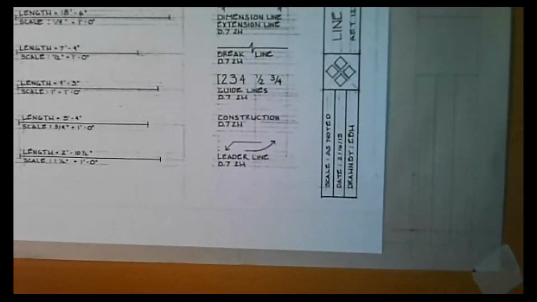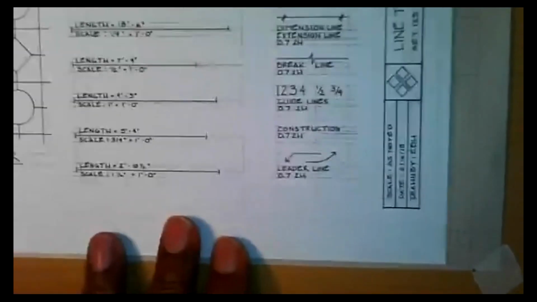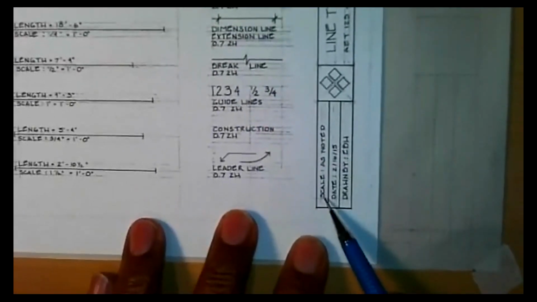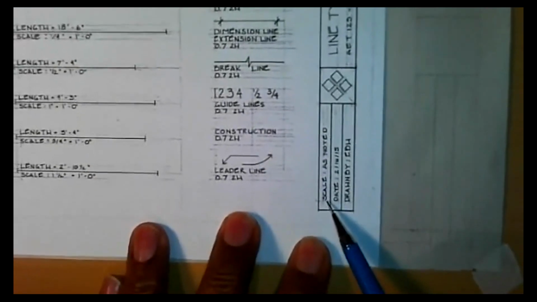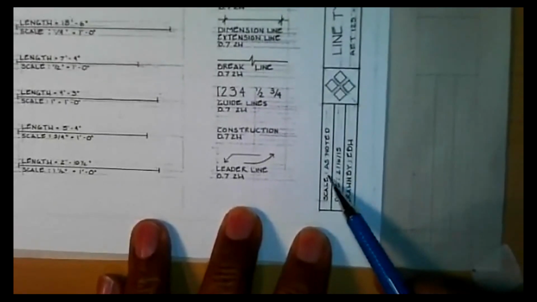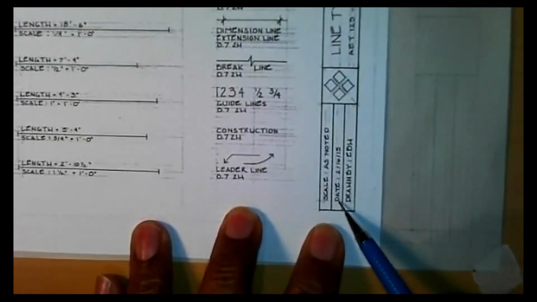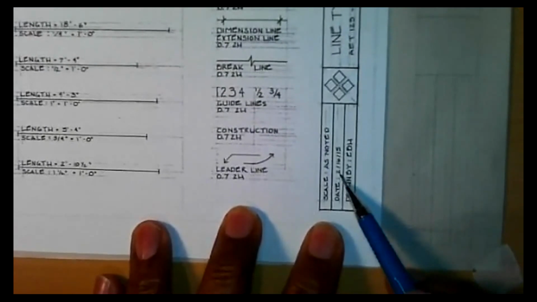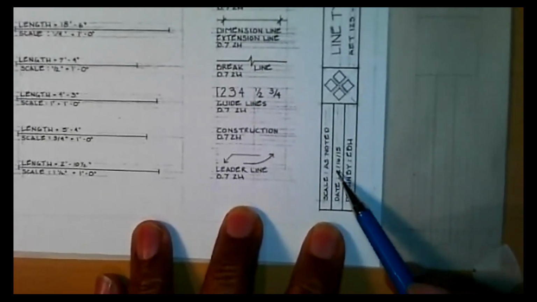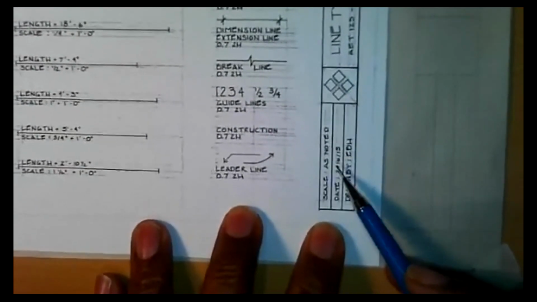Then, in terms of annotation, we're going to move to the title block. We're going to add, of course, scale, colon, as noted. Date, colon, and you're going to put today's date in this format right here.